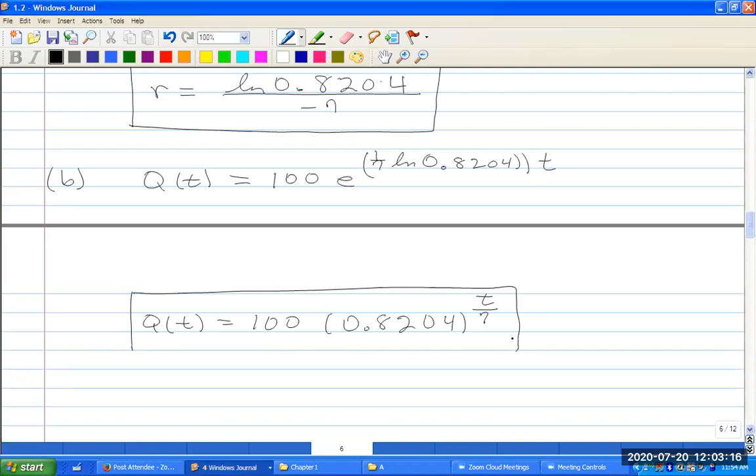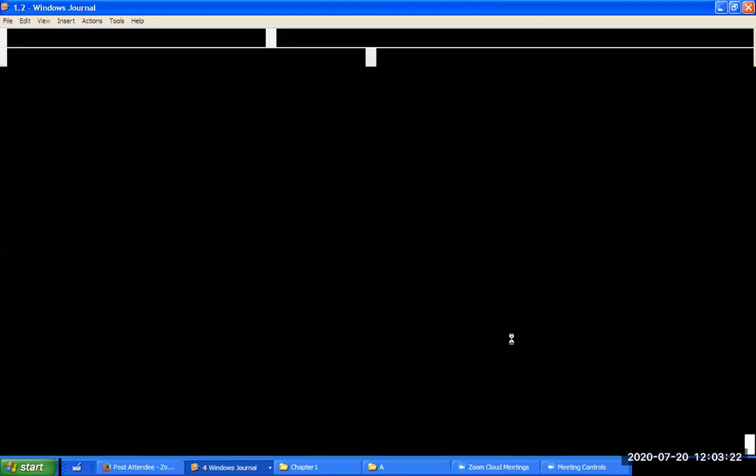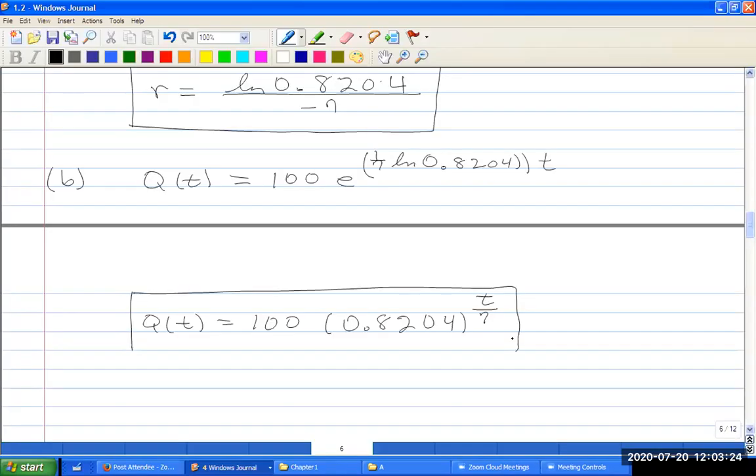For part C, I want to figure out the time it takes for only half to be present.